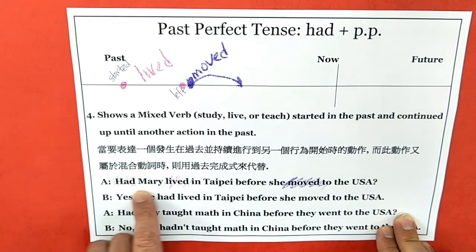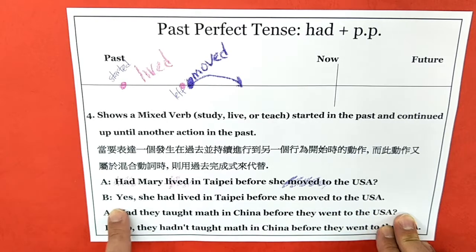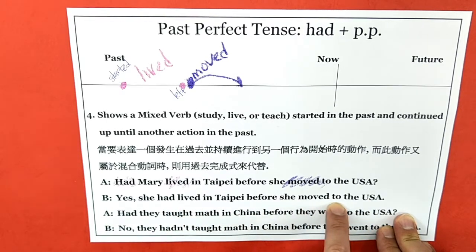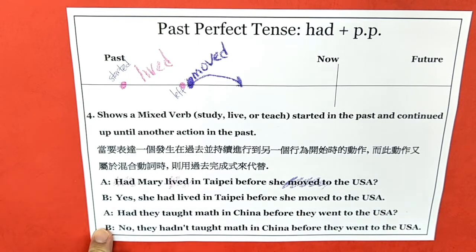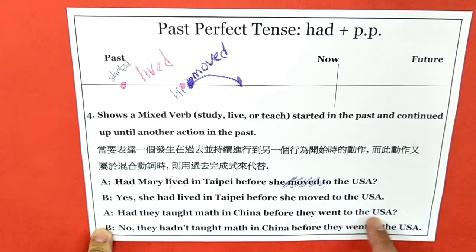So again, had Mary lived in Taipei before she moved to the USA? Yes, she had lived in Taipei before she moved to the USA. Let's look at a negative sentence. Had they taught math in China before they went to the USA?